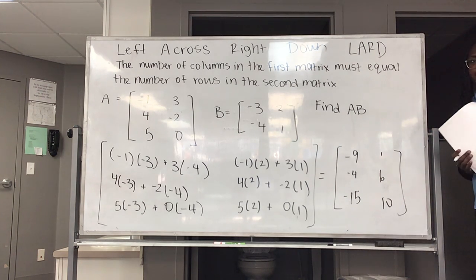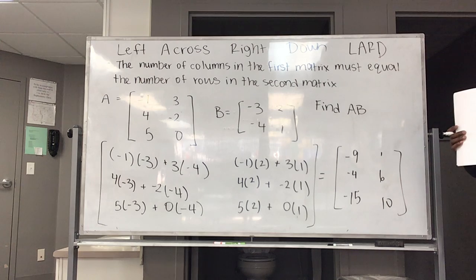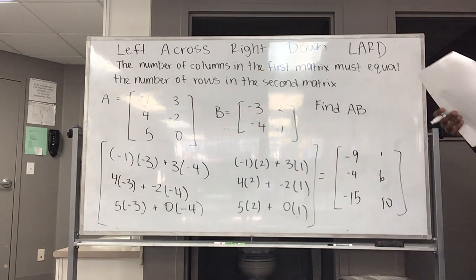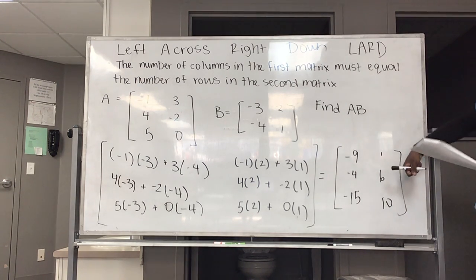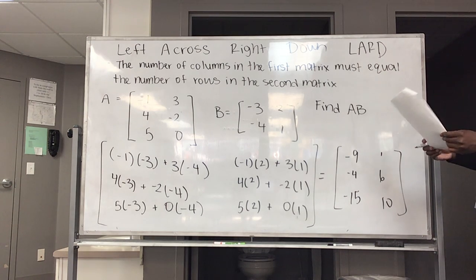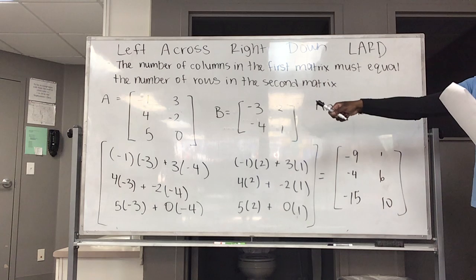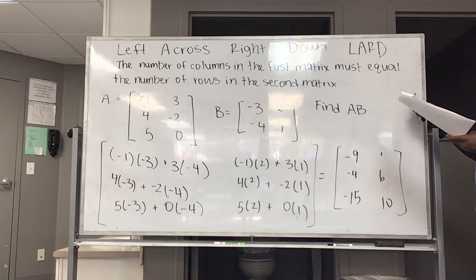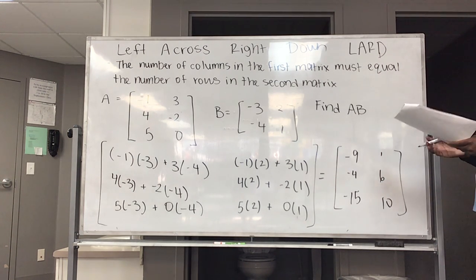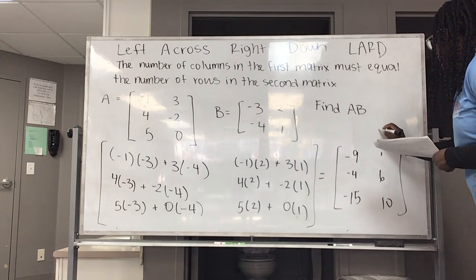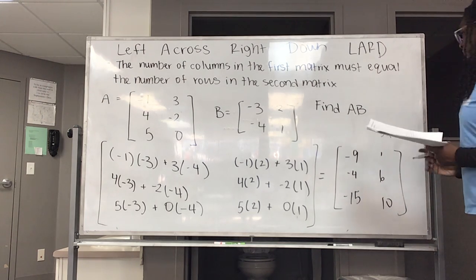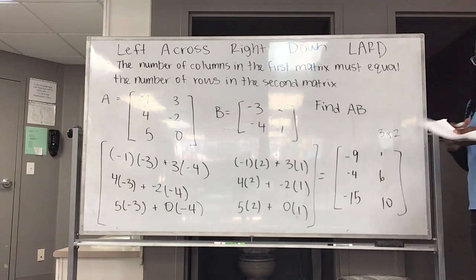So that should be the correct answer. And then the order of your answer should be the number of rows in your first matrix by the number of columns in your second one. So this one is a 3 by 2. Okay.